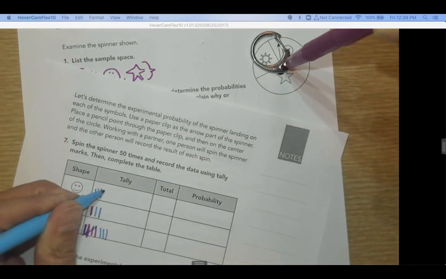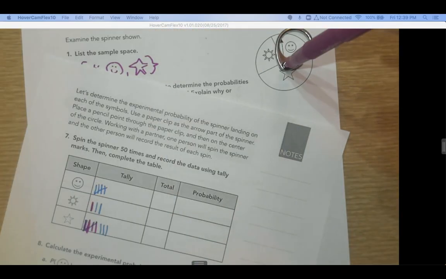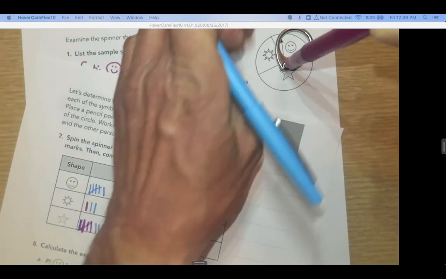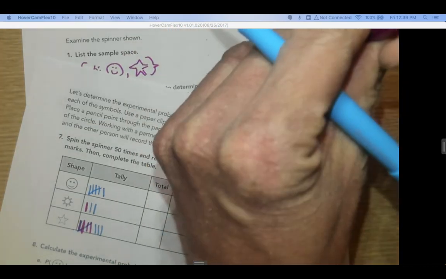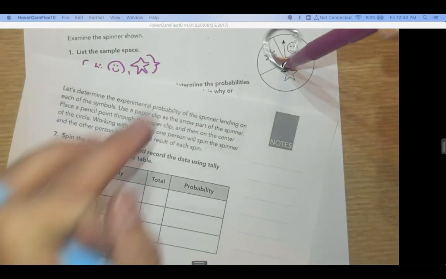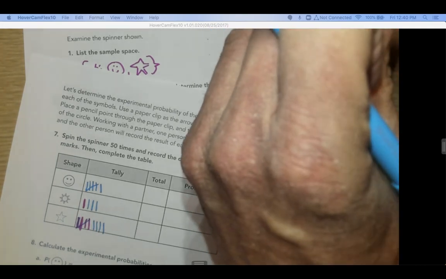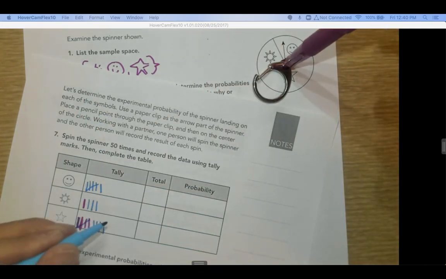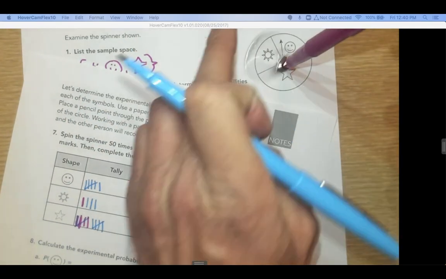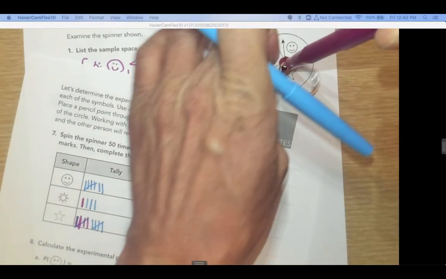Smiley face, 16. Smiley face, 17. Smiley face, 18. Sun, 19. Star, 20. Star, I think, 21. Smiley face, 22.